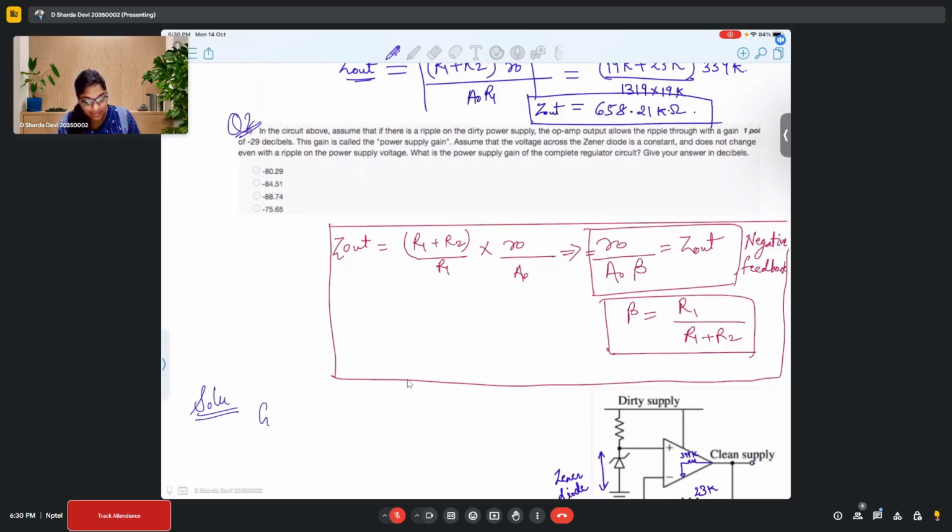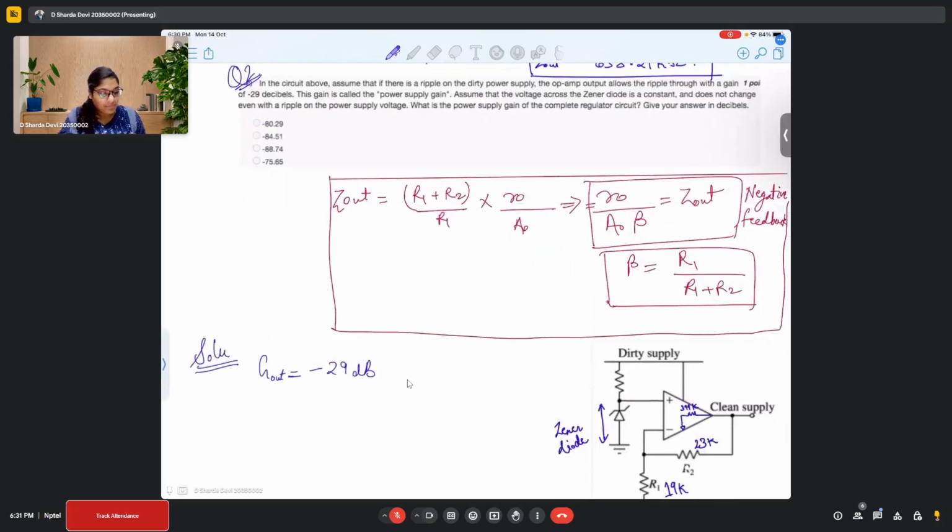This is the gain of output. Ripple gain is minus 29 dB. This is called the power supply gain. Assume that the voltage across the Zener diode is constant and does not change even with the ripple on the power supply voltage. What is the power supply gain of the complete regulated circuit?